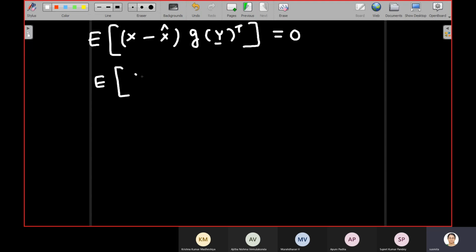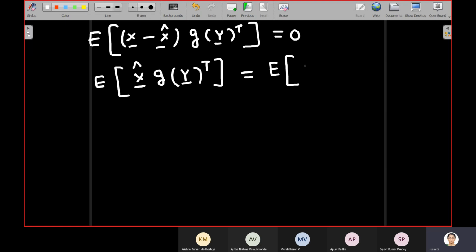So let's separate the two terms. We are now dealing with vectors. That's why I have put a bar underneath. I'll put this on the left side, and then on the right side I'll put this one. So I have separated the two terms, one on the left side, the other on the right side.